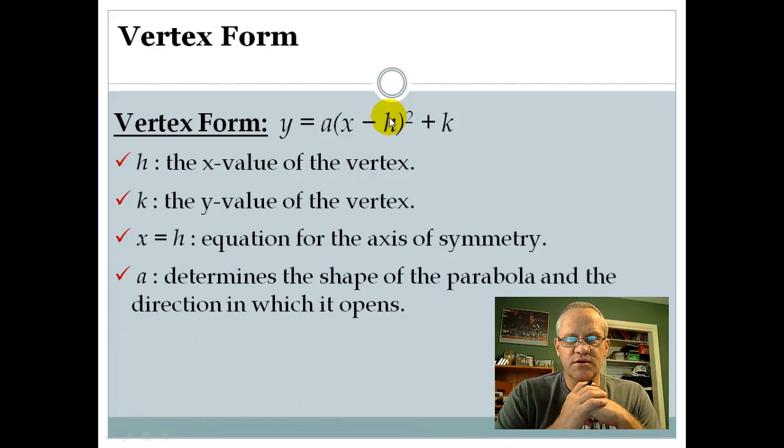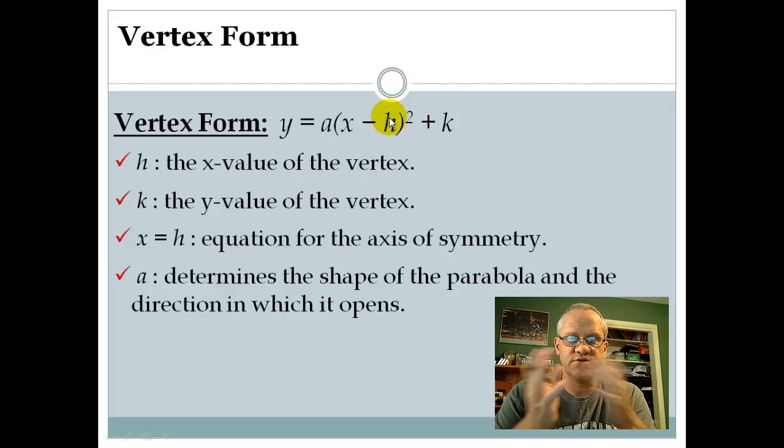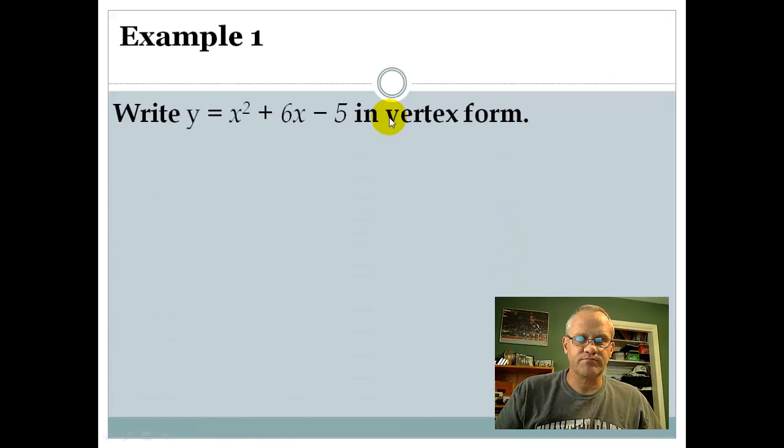And then a is that number out front. It's going to determine the shape of the parabola, how wide or narrow it is, and also what direction, if it goes up or down. Remember, if it's negative, it goes down. If it's positive, it goes up, and we'll talk a little bit more about that in a second too. That's kind of the general stuff that you need to know right there.